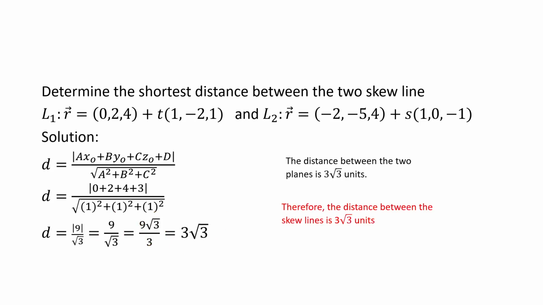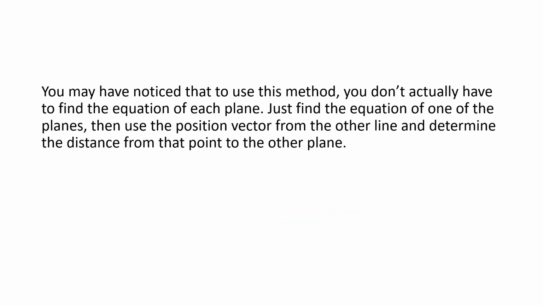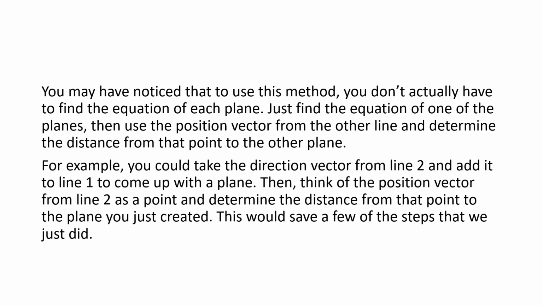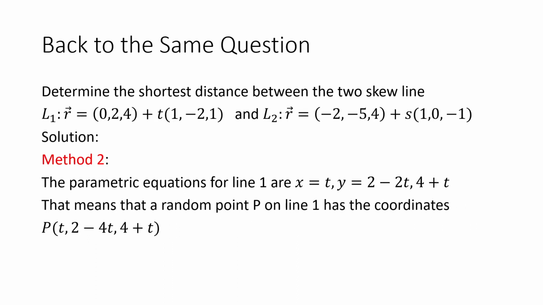Now, a different way of doing it, which I actually kind of like, is this: you don't actually have to find the equation of each plane, just find the equation of one of them and get the position vector from the other line and determine the distance from that point to the other plane. Now, back to that same question though, there's another method which I actually like a little bit more.